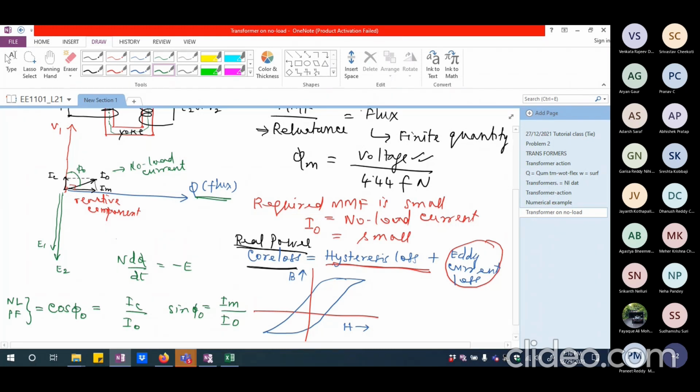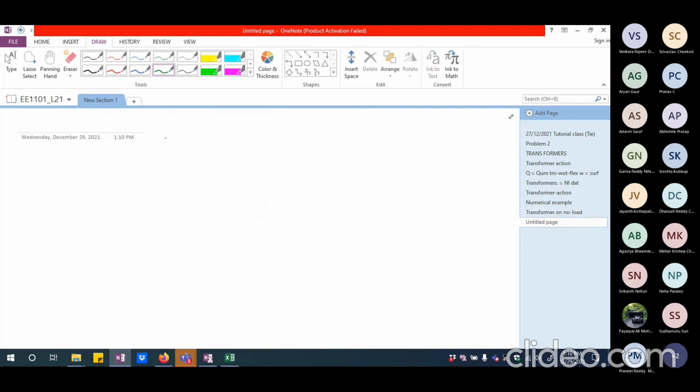So if you have understood this, let us first of all look at what eddy current loss is and how we reduce it by laminating the core of the transformer. So let's look at eddy current loss.